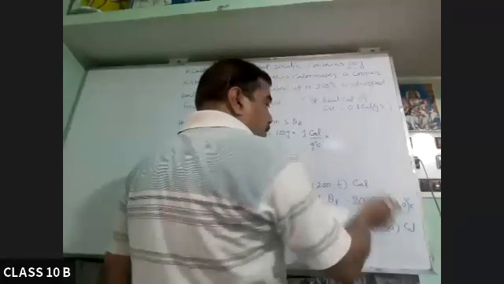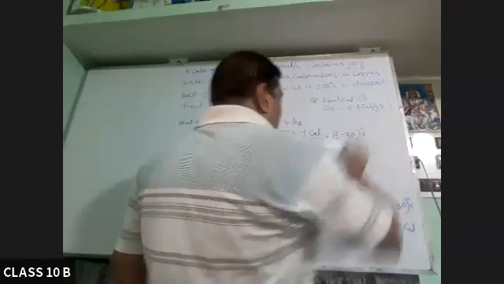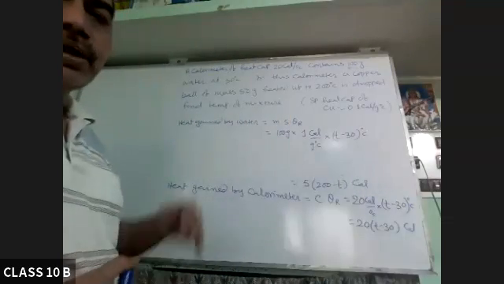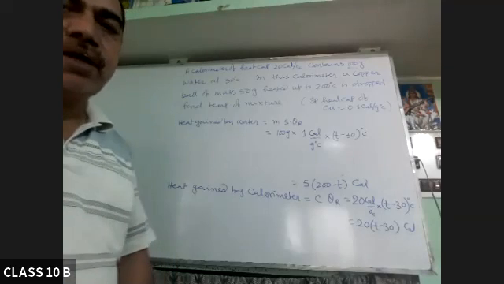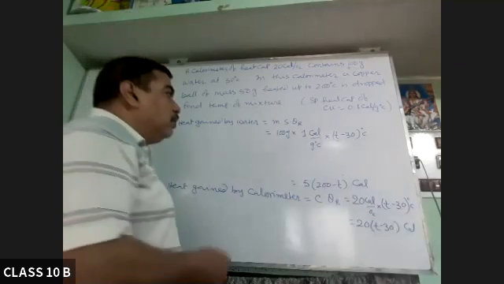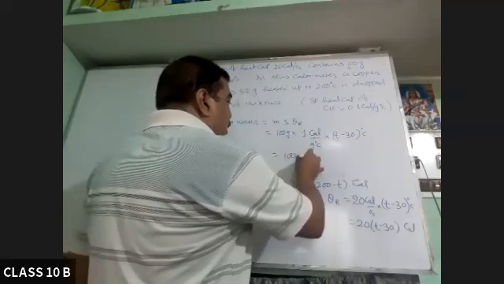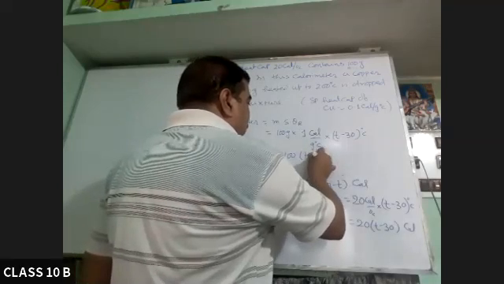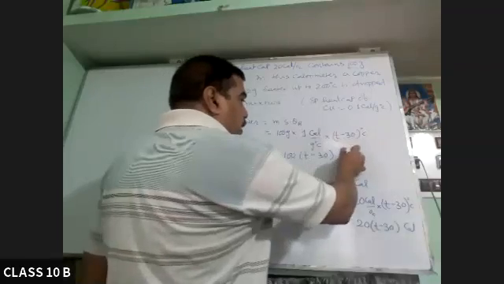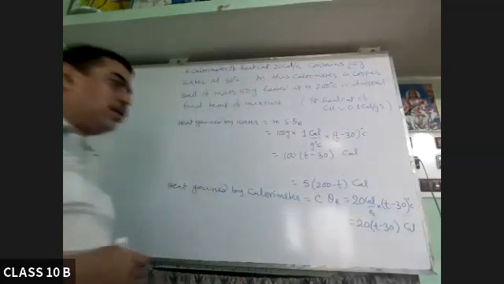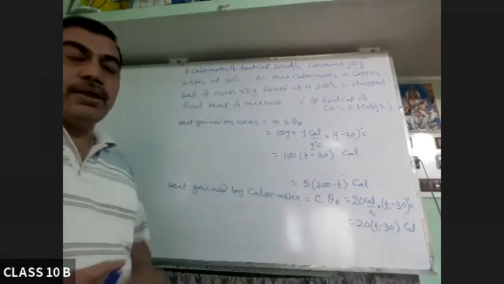The rise in temperature is the same, T minus 30 degrees Celsius, since it is kept in the same calorimeter. So it is 100 (T minus 30); gram cancels gram, degree Celsius cancels, so this much calorie. Now we'll apply the principle of calorimetry.